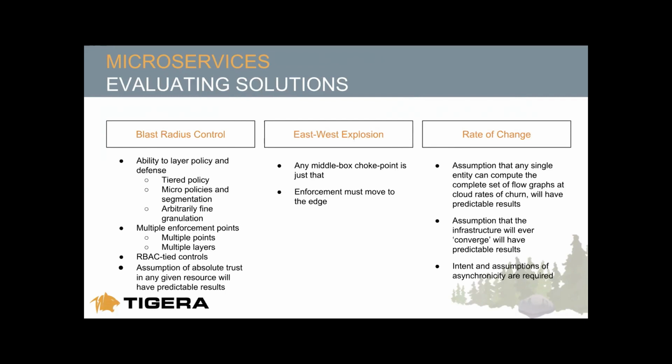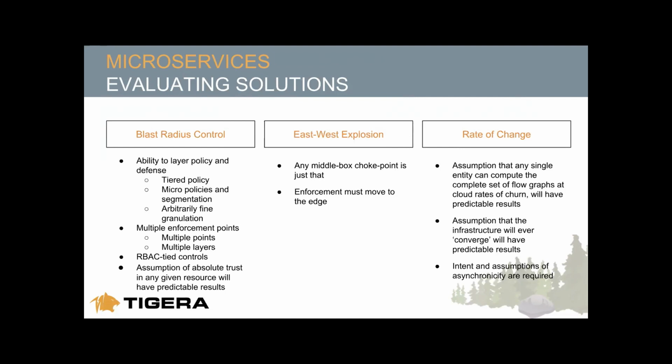Today, in the heritage model, the way you control east-west traffic is you send it through firewalls that reside within the infrastructure. That means that middle box or firewall is a choke point. The more traffic is going east-west, the more of those I need to stand up, and I need to properly load balance between them, et cetera. But at some point, they will always be a choke point.